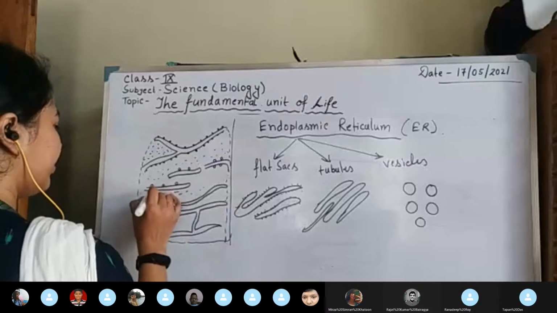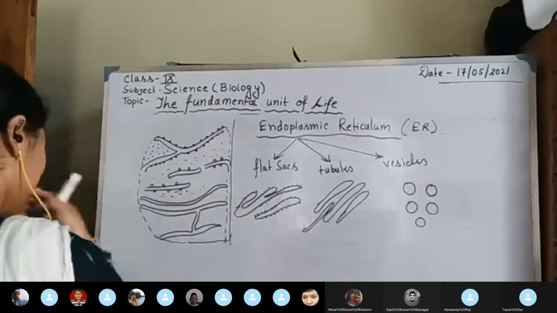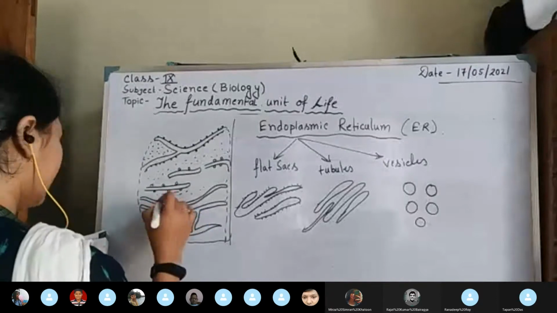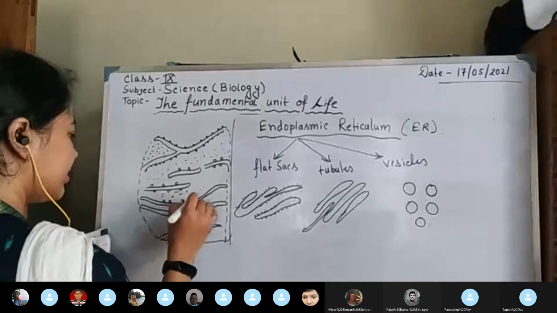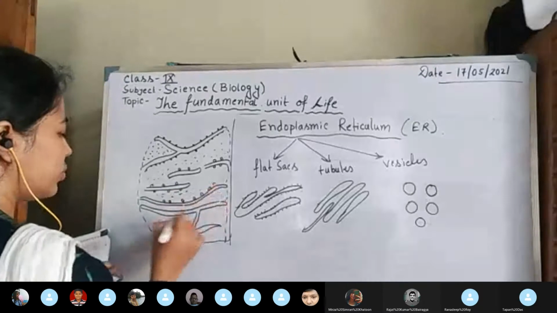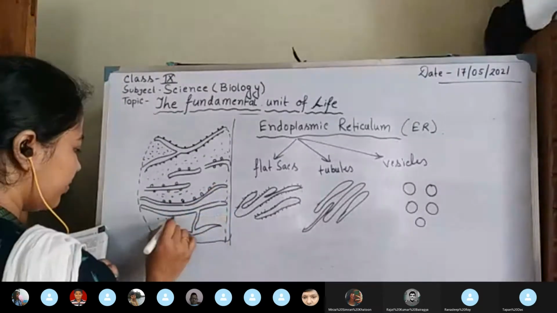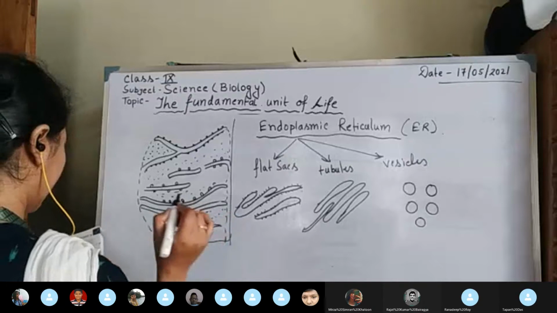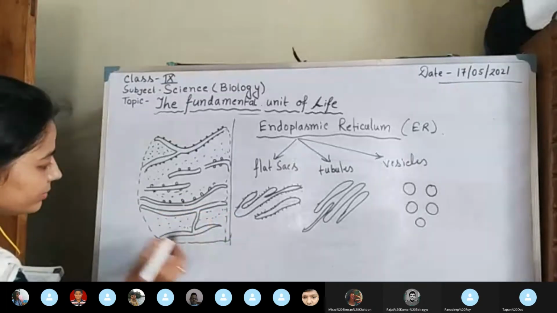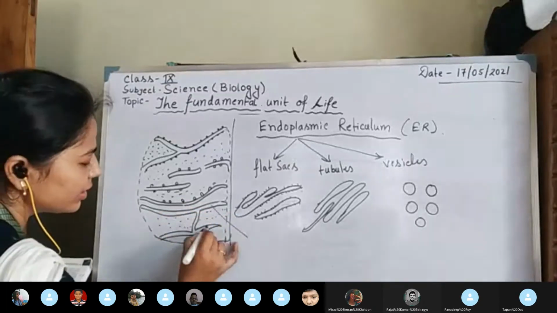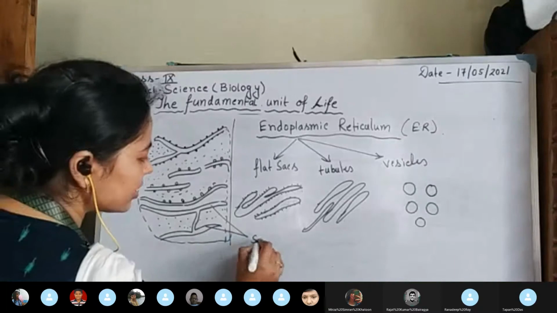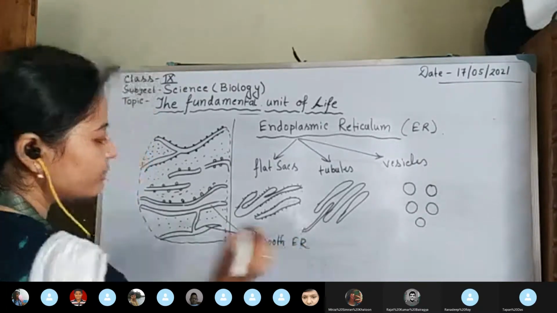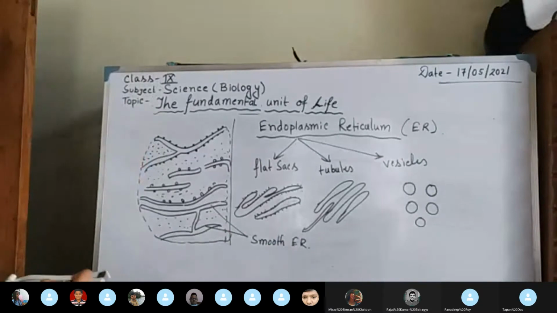Some tubes are devoid of ribosomes, and they are known as smooth endoplasmic reticulum. In the lower portion, the tubules do not have ribosomes, so they are called smooth endoplasmic reticulum.